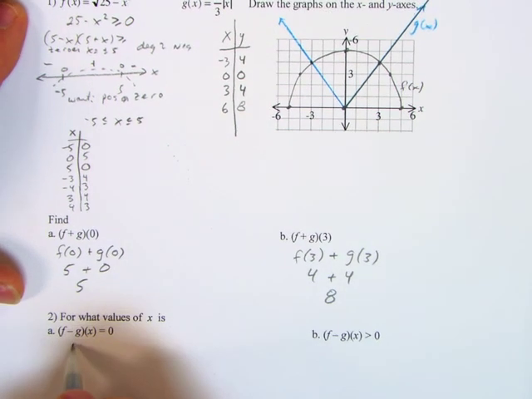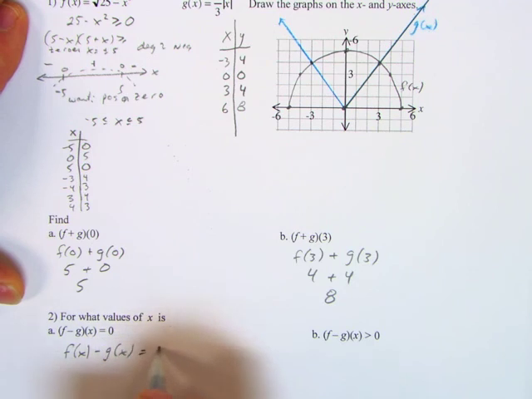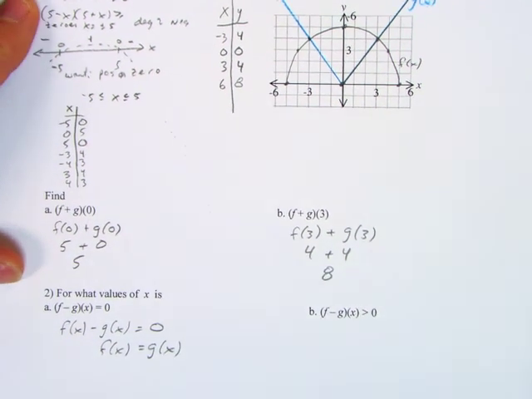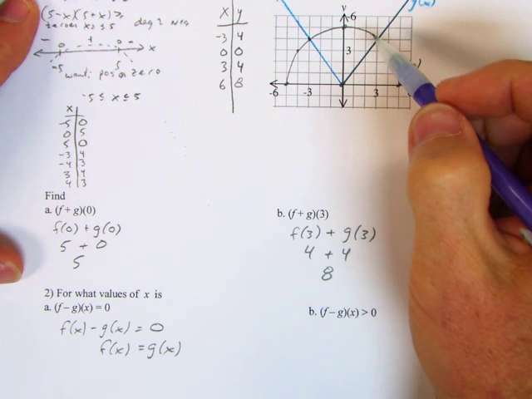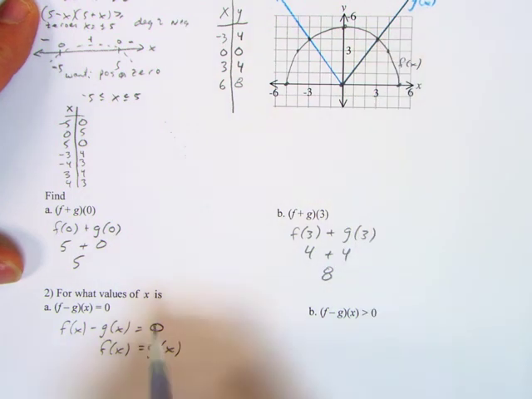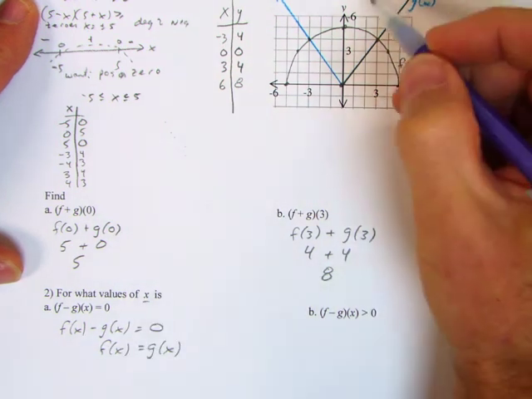Next one. This means f of x minus g of x equals 0. If we move the g to the other side, we get f of x equals g of x. Now, what does it mean on the graph that f of x equals g of x? That means they cross, at whatever values they cross at. We want the x values of those intersections.